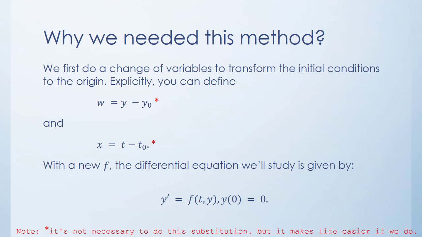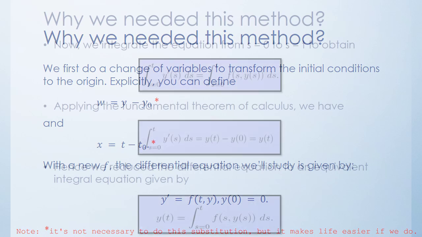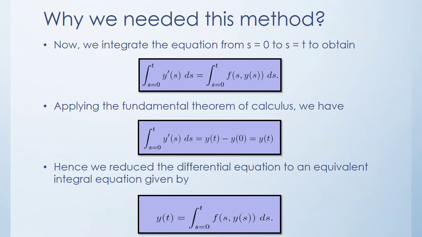But the point here is, if we have a very simple function, we do not need to transform our variables or our equation. There is no such need of doing this.